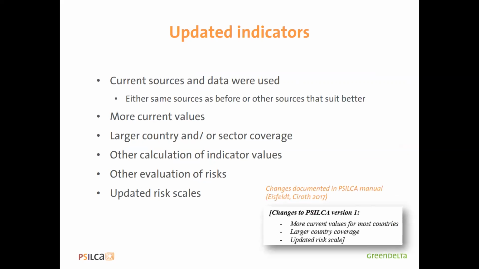In some cases, we also defined a new calculation method for the indicator values. For example, this refers to those indicators that have to be normalized, like if we have absolute numbers of, let's say, cases of violations that occurred in a sector, and we normalize them with the number of employees in the same sector.